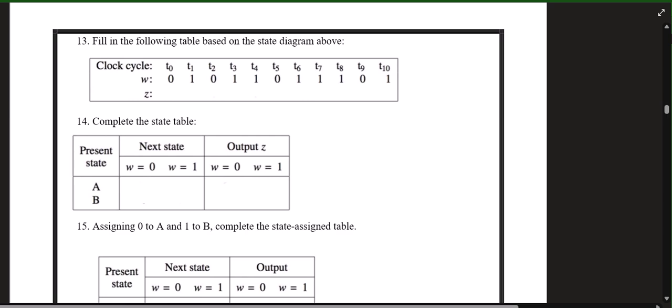So the table is going to be the same idea. It's the same behavior. So see if you can fill in the table, knowing that it's the same behavior. If the previous 2 inputs are 1, you get a 1. Otherwise, it's a 0. So see if you can fill that in.